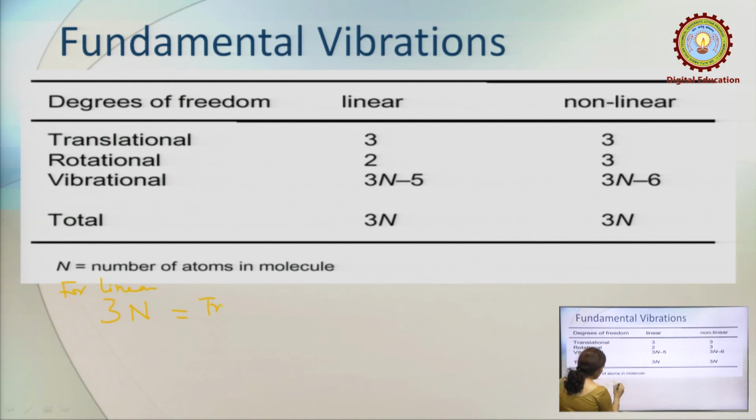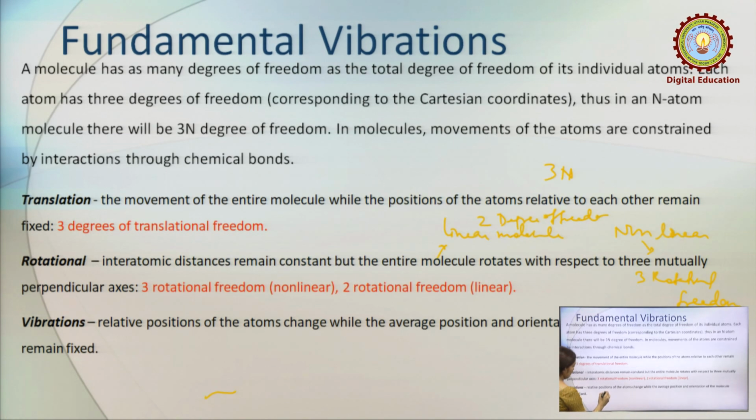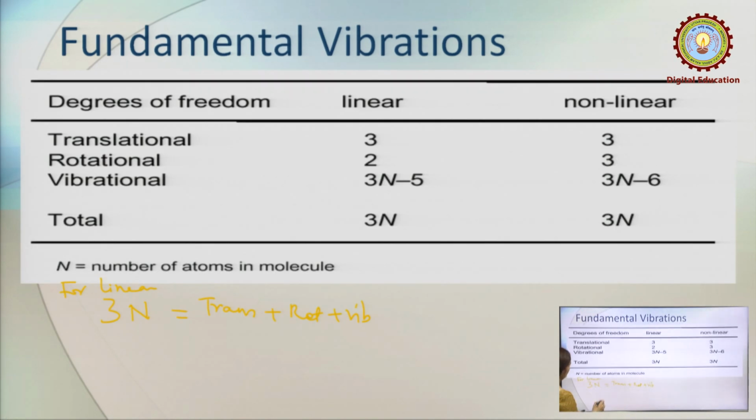There is translational freedom plus rotational freedom plus vibrational freedom. Translation has 3 degrees of freedom, and in the case of linear molecules, rotation has only 2, so the number of vibrations is 3n minus 5. With the help of this we can calculate the fundamental vibrations in linear molecules.